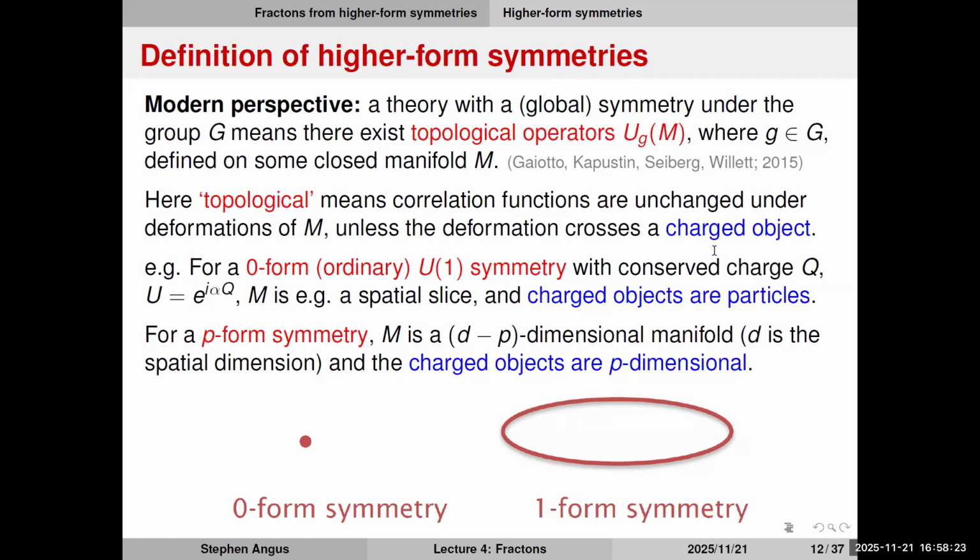But for a p-form symmetry, this operator U is defined on a lower dimensional manifold, a d minus p dimensional manifold, where little d is the spatial dimension, so we have d space and one time dimension. The charged objects are p-dimensional objects. For a zero-form symmetry, the charged objects are particles, for a one-form symmetry they are lines or strings or whatever you want to call them, and for a two-form symmetry some membrane is the charged object, and so on.